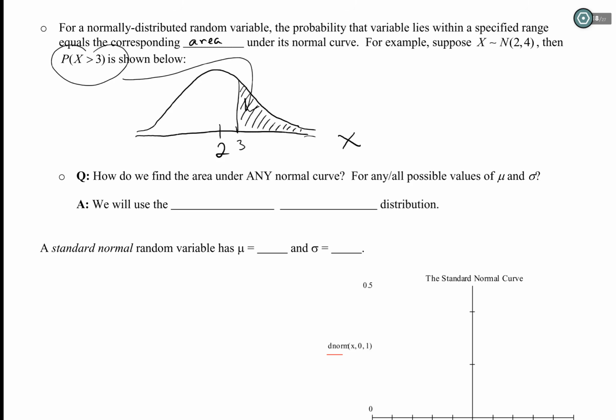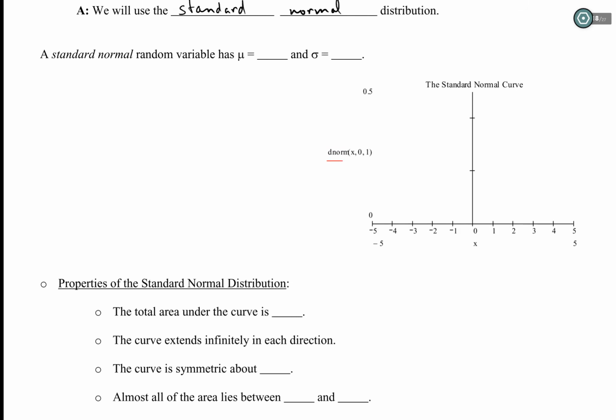How do we find any area under any normal curve? Well, and how do we do it for any or all possible values of a mean and a standard deviation? The thing that's going to help us here, and that we need to know something about, is called the standard normal distribution. Okay, so we're going to look at a particular distribution.